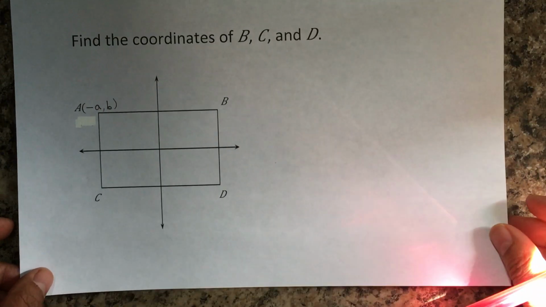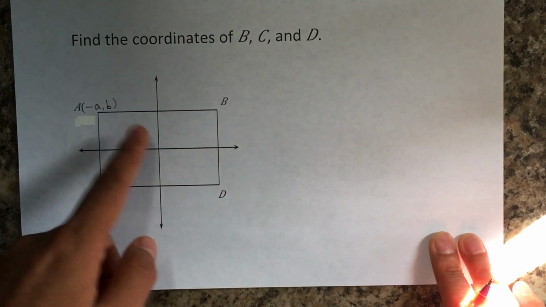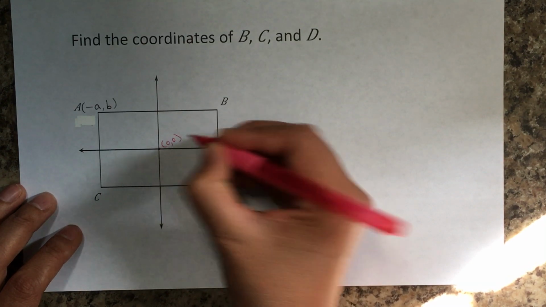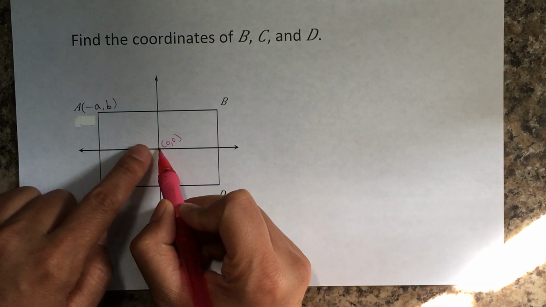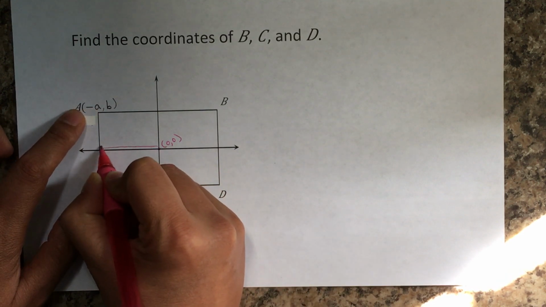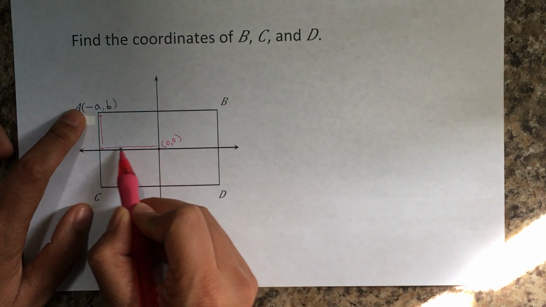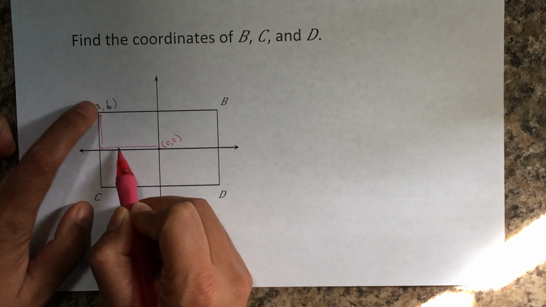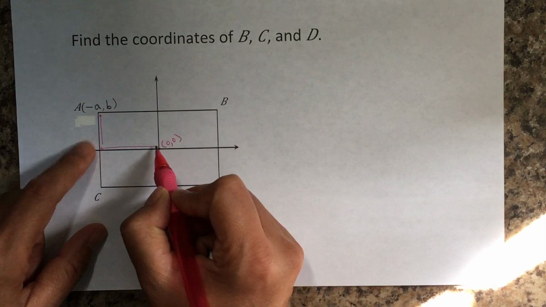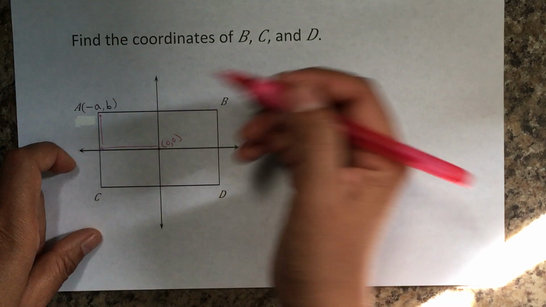Okay, so now find this one. Notice how now the coordinate plane is meeting right here. So this point is 0, 0. First we travel on x and then on y. That means this is going to be a, but since it's going to the left, it's negative a, and then it travels up, so that's labeled as b.